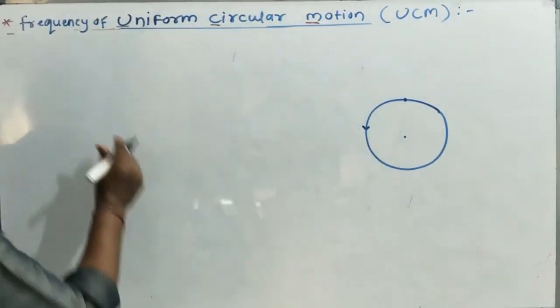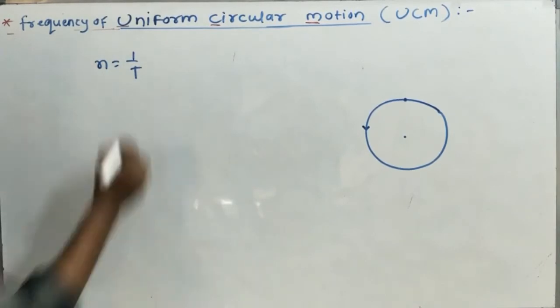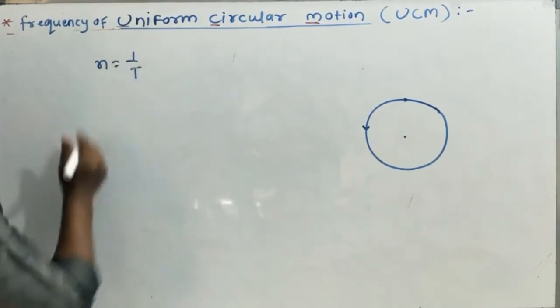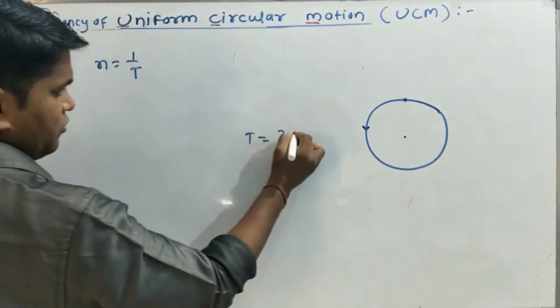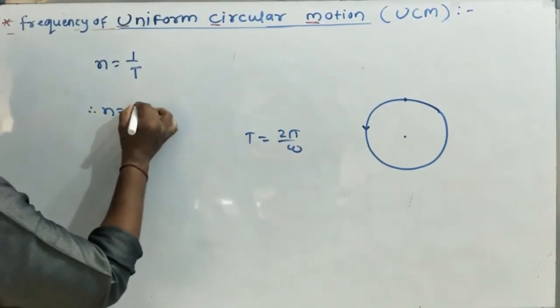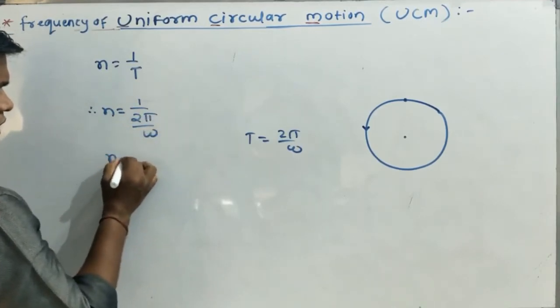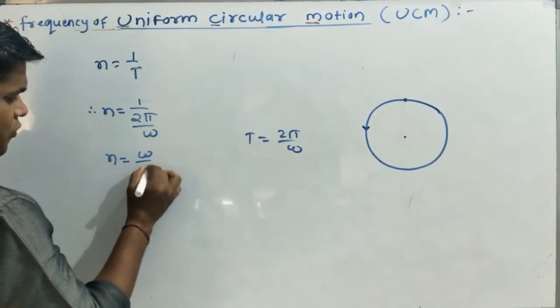So the frequency is n is equal to 1 upon t. Frequency is the reciprocal of period, and we know that period is equal to 2 pi upon omega. So we get n is equal to 1 upon 2 pi upon omega, or n is equal to omega upon 2 pi.